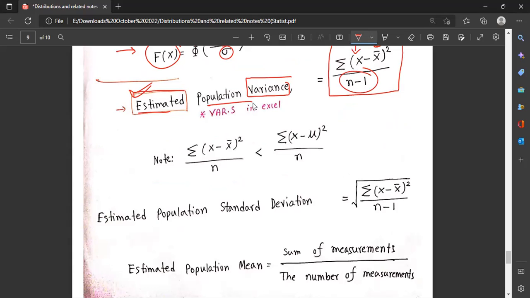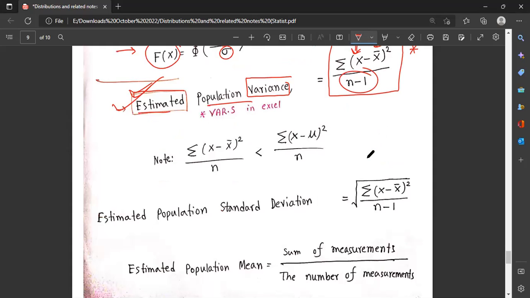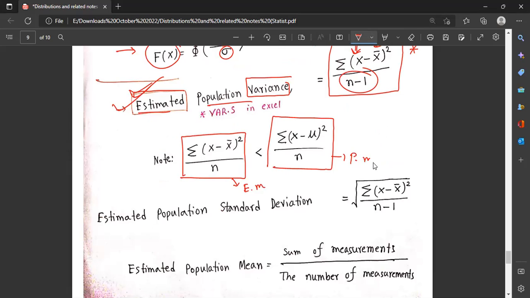So most of the case we will use the estimated population variance, or this formula: summation of (x minus x mean) whole square by n minus 1. And you have to know that the estimated mean is always smaller than the population mean, okay?